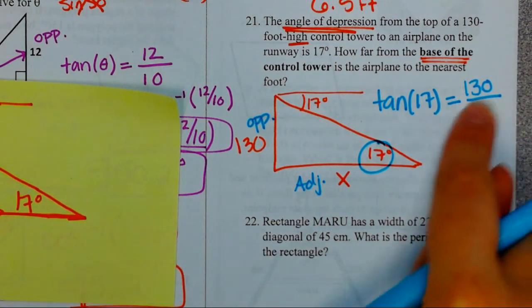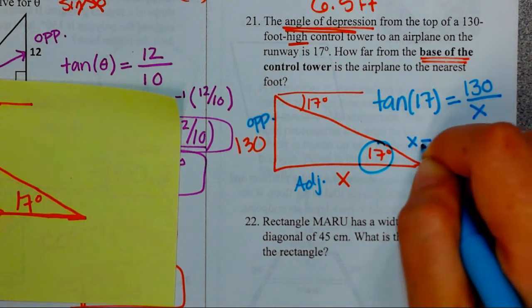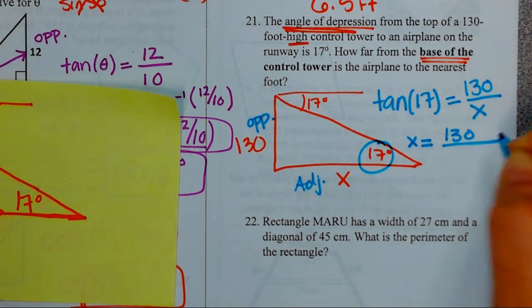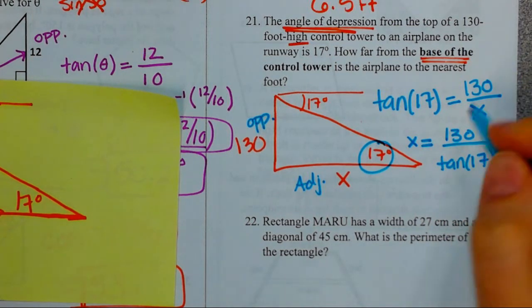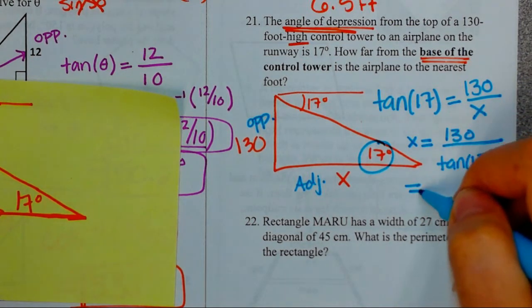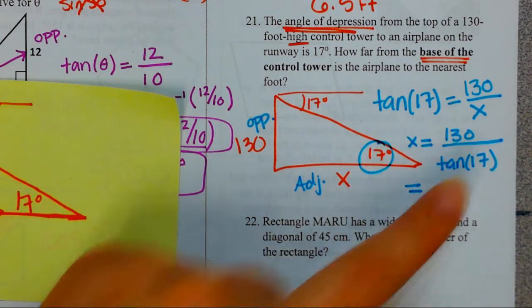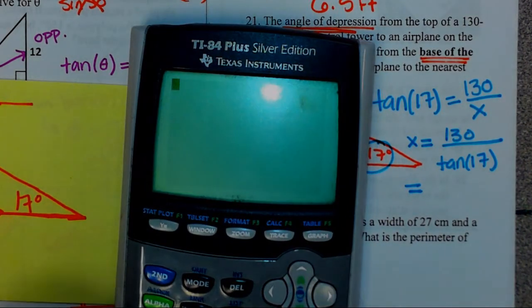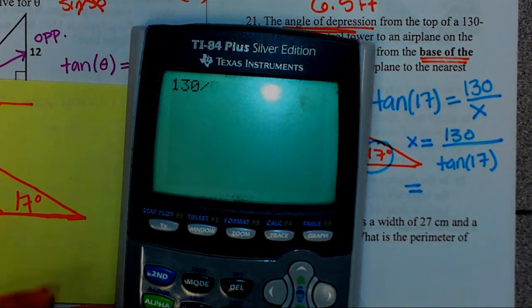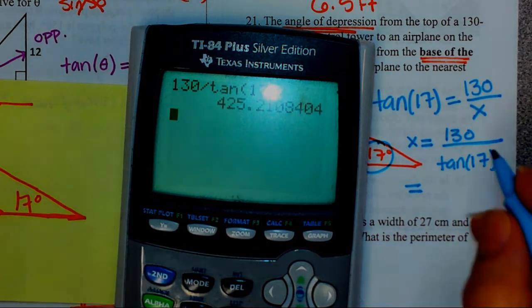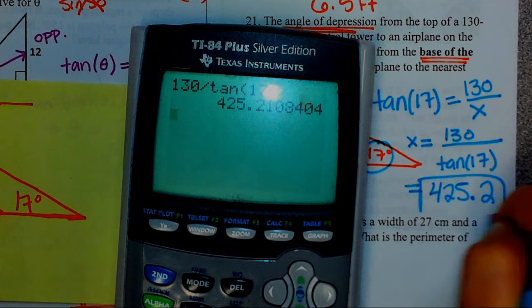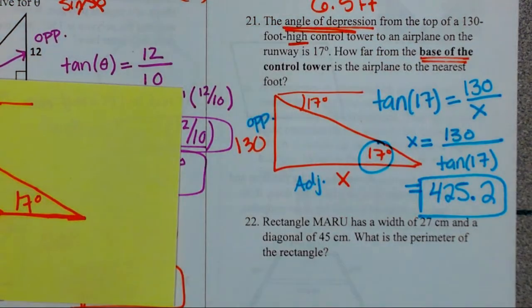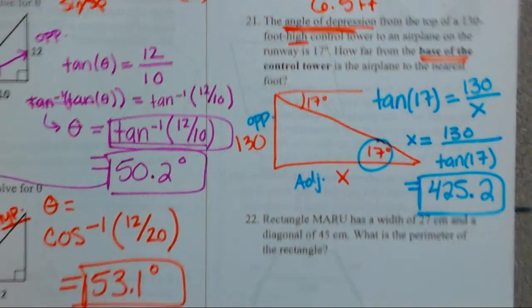X is in the denominator this time. So because it's in the denominator, we're going to divide. Okay. Whenever you divide in these SOHCAHTOA kinds of problems, your sine, cos, or tan is always going to go on the bottom. Okay. So that's equal to about 425.2. Okay.